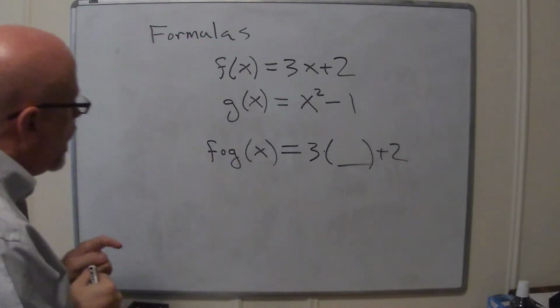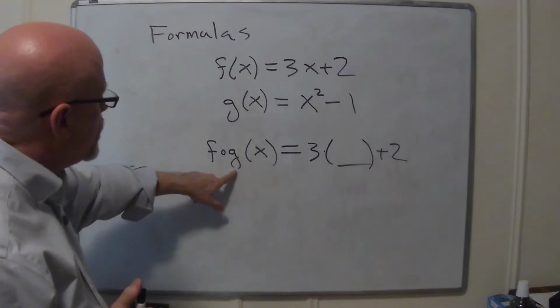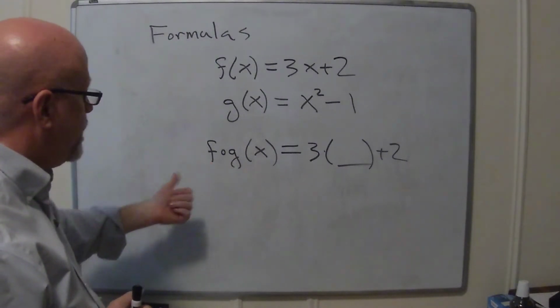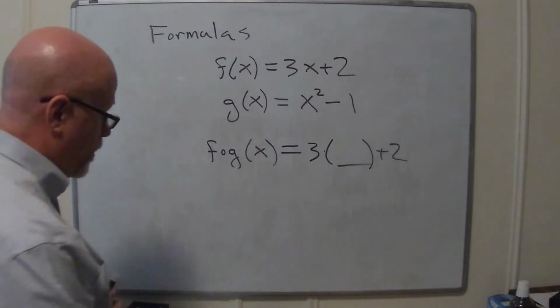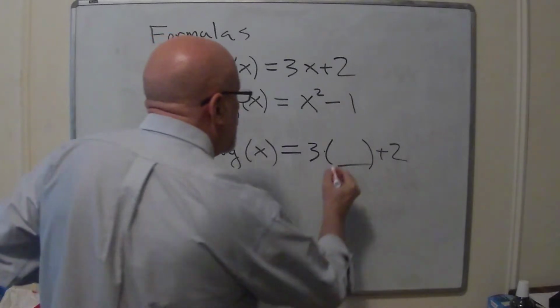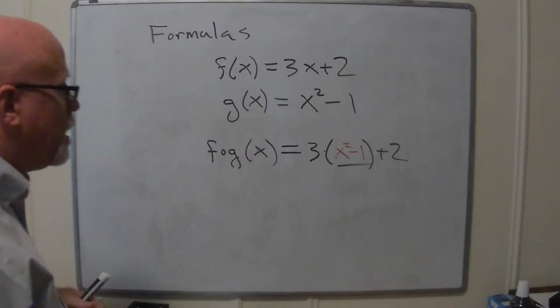Now, when we have this composition FOG, G happens before you stick it into F. So the blank I've written there needs to be filled in with the formula for G, which would be x squared minus 1.